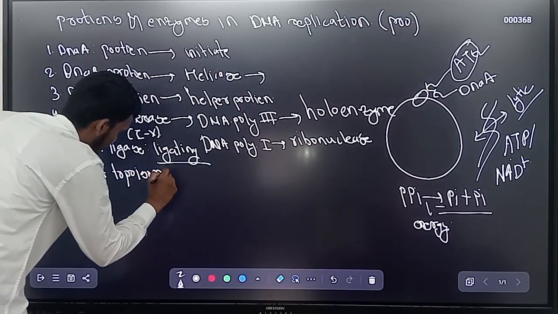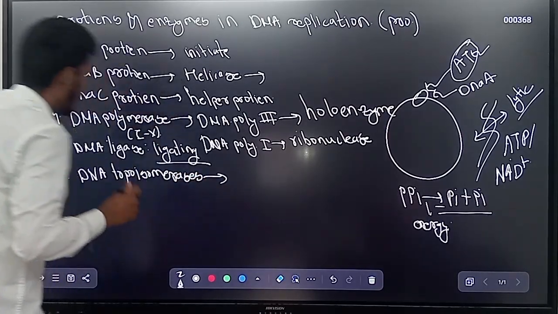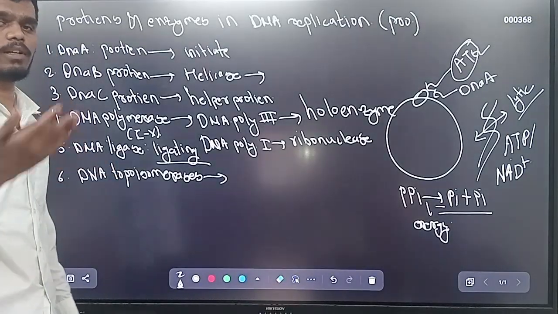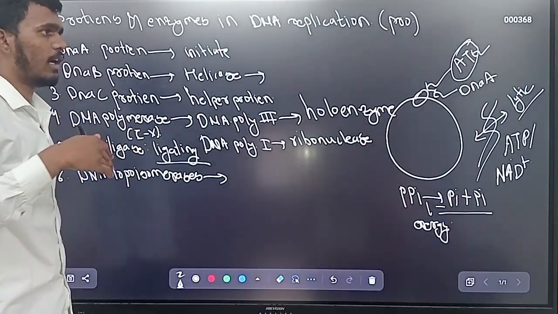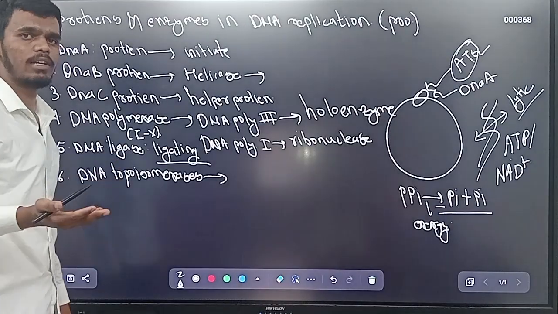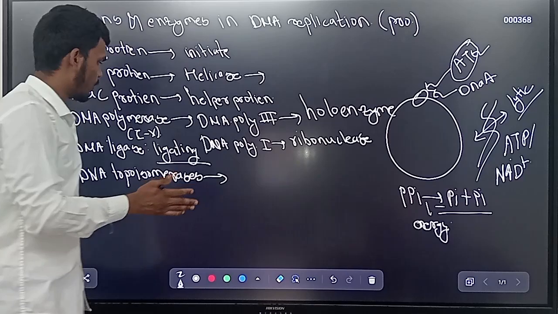What is DNA polymerase 1? This is nothing but a nuclease. Remember, what is a nuclease? A nuclease has a lytic action. So then DNA ligase.